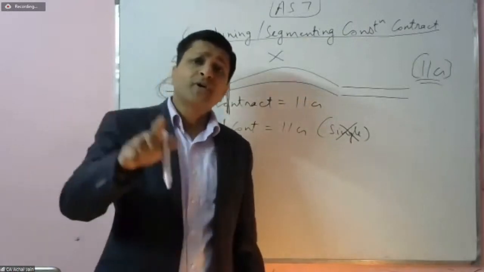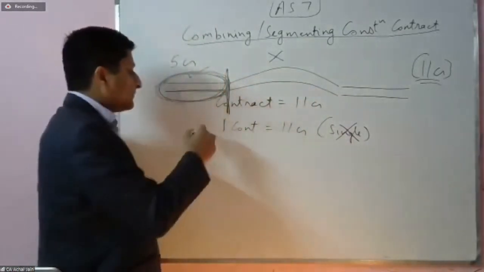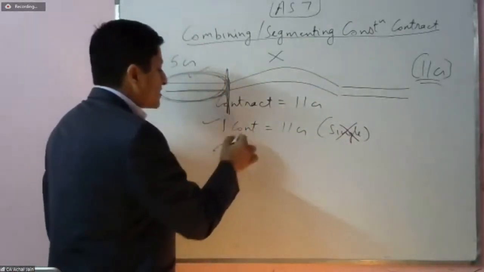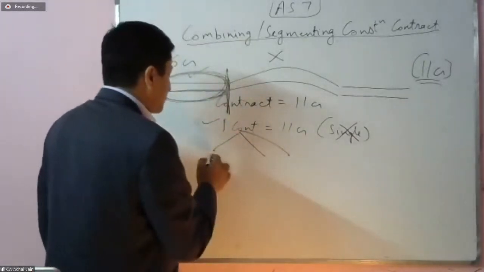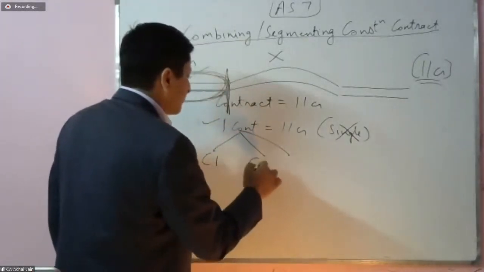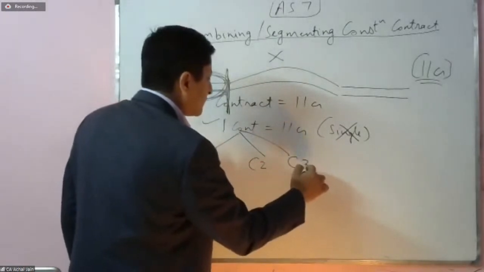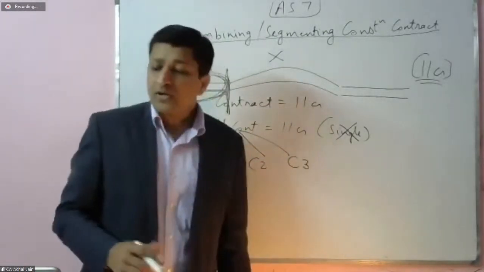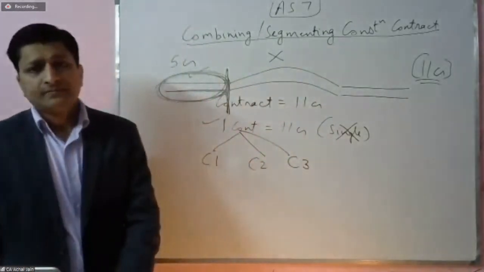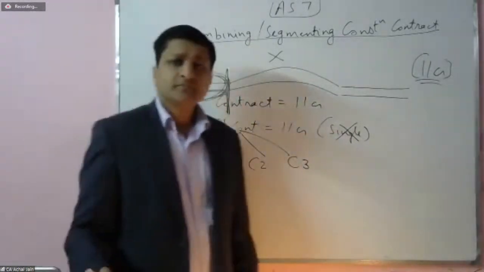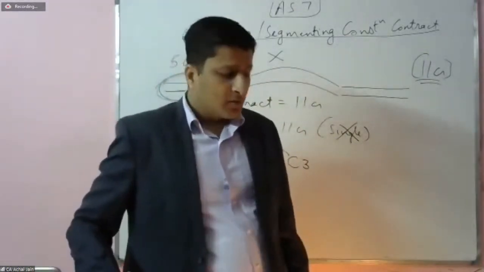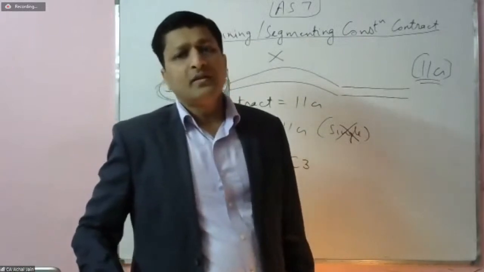But instead of recording this single contract, we will record these three as separate contracts. So contract 1, contract 2, contract 3. That is how accounting will have to be done.